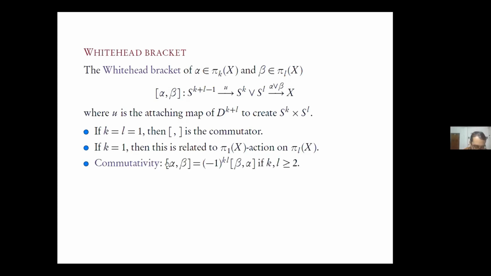So you have this graded commutativity, which is alpha beta. If I switch, then I basically have to put a sign, which is minus 1 to the KL, where alpha is in the kth homotopy group, beta is in the lth homotopy group. And I'm putting K, L bigger than or equal to 2 here, because even for our examples, our X is going to be simply connected.